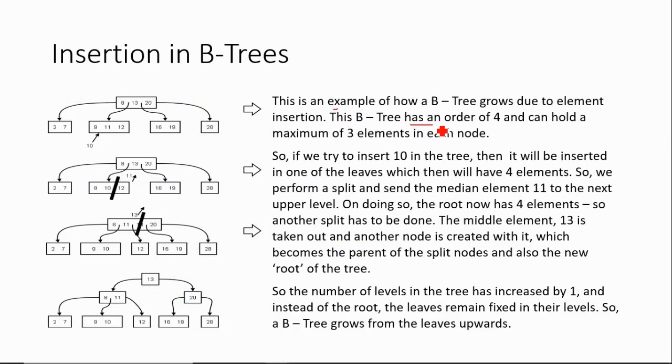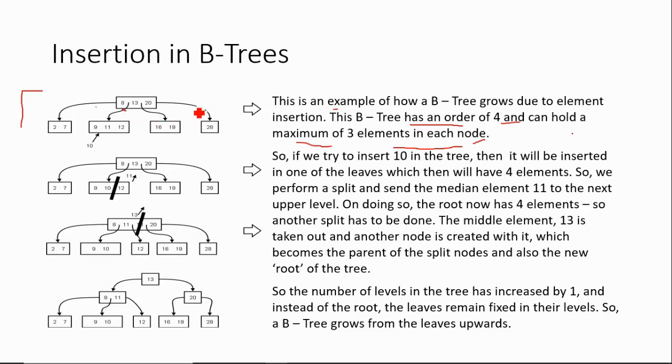This B tree has an order of 4 and can hold a maximum of 3 elements in each node. So we have considered a B tree of order 4 such that there are a maximum of 3 elements and 4 links stored in a node.